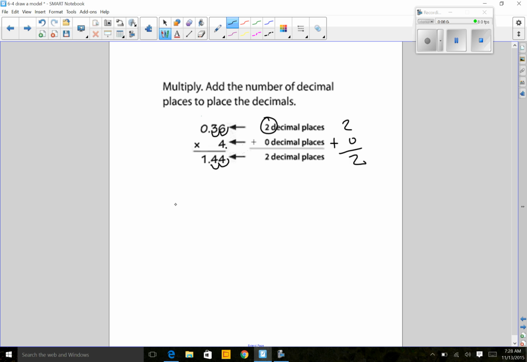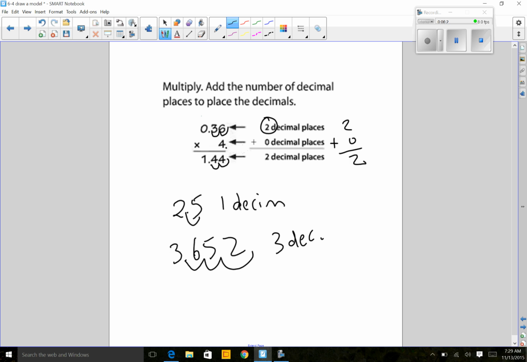So let me give you another example. Like in 2 and 5/10, there's 1 decimal place in that number. And in 3 and 652 thousandths, there are 1, 2, 3 decimal places. You just count how many places you have to move that decimal to get it to be a whole number. In a whole number like 6, there are 0 decimal places.